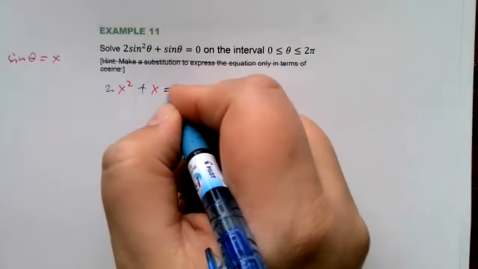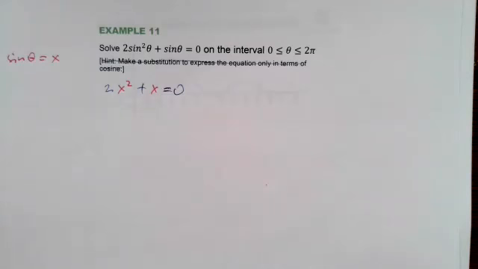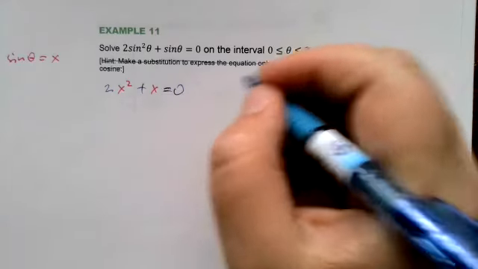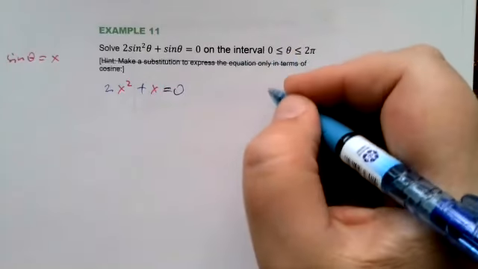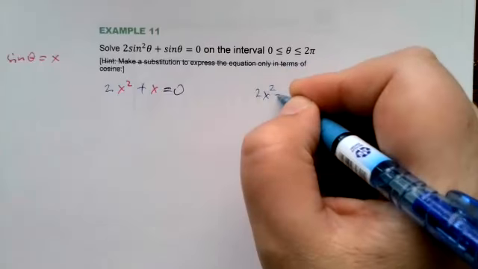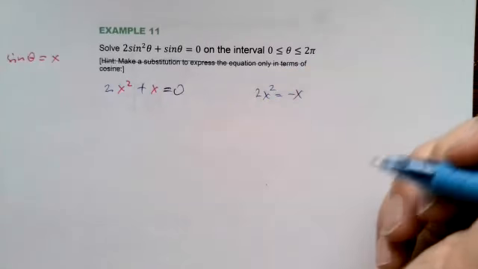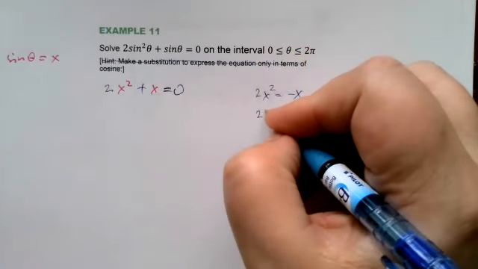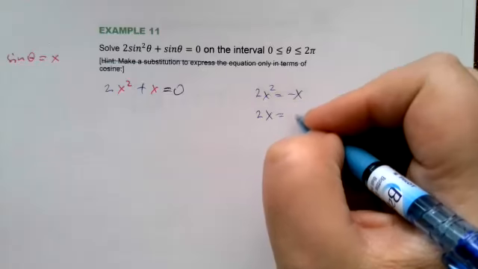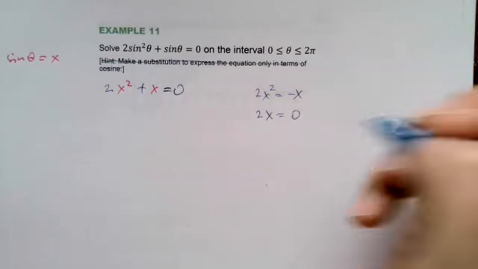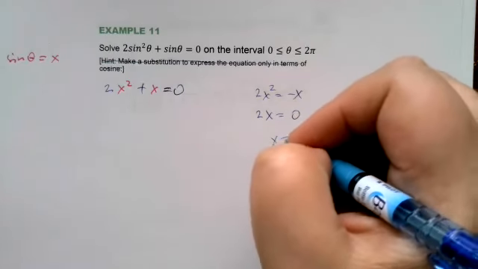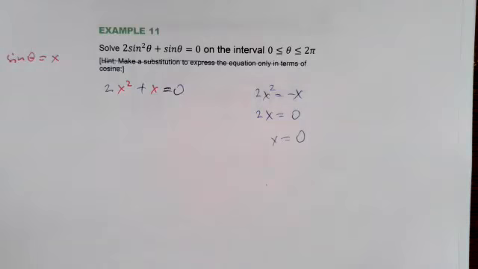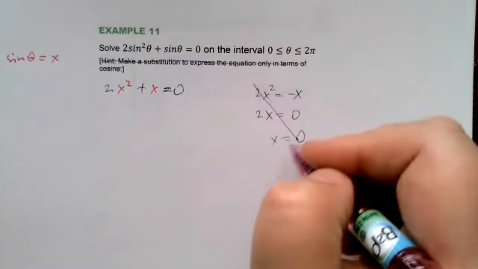What I see people do here sometimes is they bring x to the other side, 2x squared equals negative x, divide x out, and they get 2x equals negative 0, which is 0, and then just solve for x. Now, this is a wrong way of doing it.